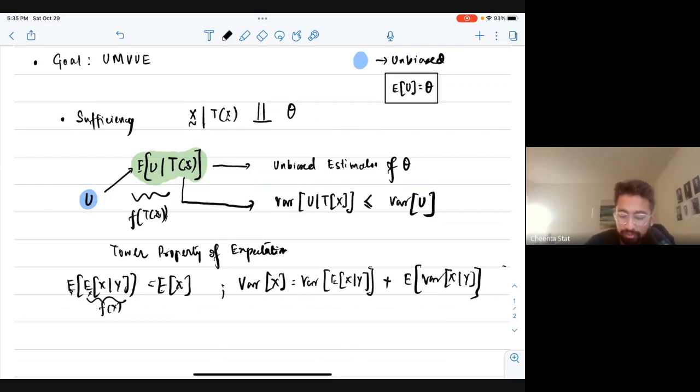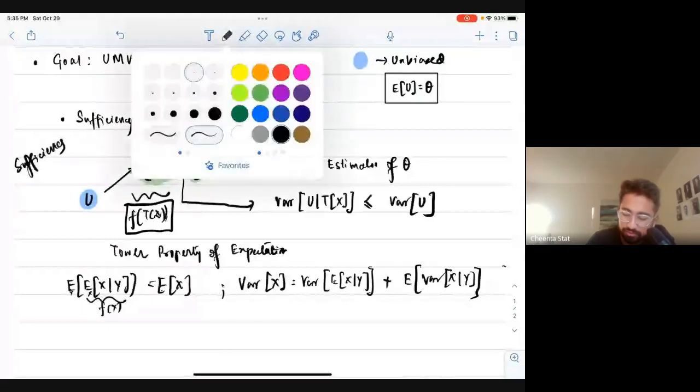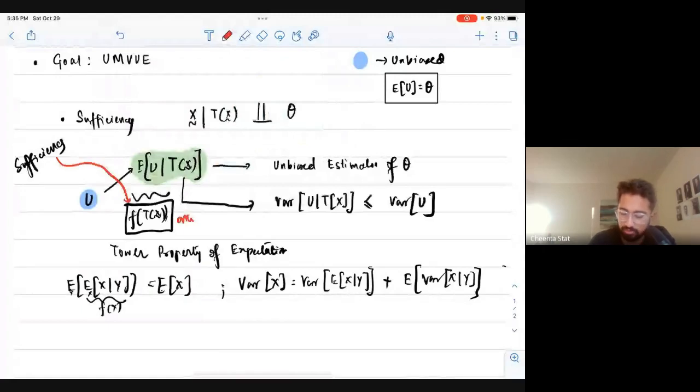That's why the importance of sufficiency comes up. We are getting an estimate just based on T. If it was not sufficient, then the parameter values could have come up in this expression, which wouldn't serve our purpose, because our purpose is to get a better estimator than U. So the sufficiency idea is built into the fact that it's a function of T only. This is very important to understand.